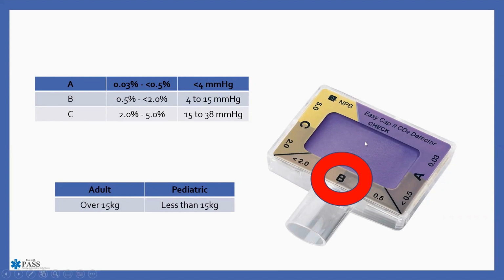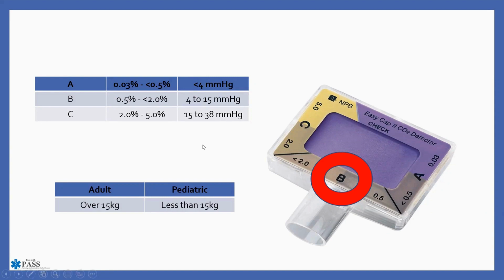There's no way. I've transported patients for 20 minutes and they quit changing color when in fact the tube was through the glottis. If it gets rained on or any type of moisture gets on the inside or into that impregnated paper, if the patient vomits, for those of you that have used this, you know exactly what I'm talking about. They're not very effective, but we do need to have some kind of documentation that we have verified tube placement.